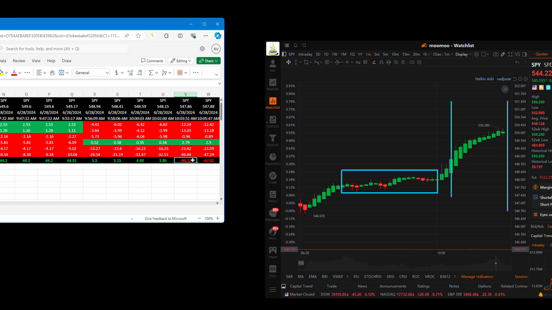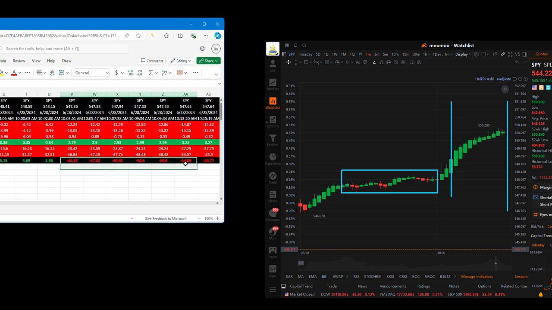But if the puts were to lose strength, we would also see a plus 10, which is minus 36. So we see minus 46, and if this was to be bearish, we want to see minus 56. And look at that, we have minus 56.